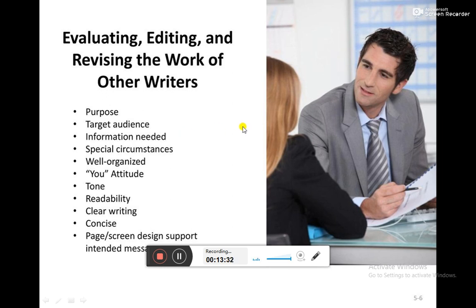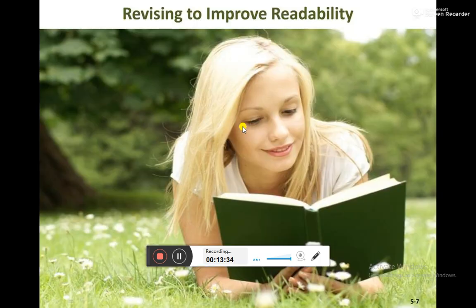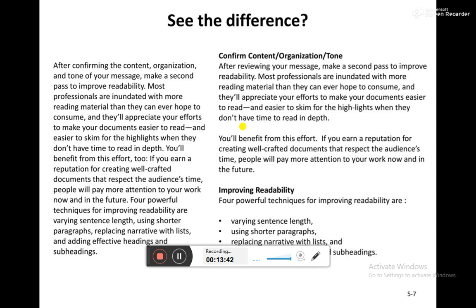Okay, so now we are moving toward another slide, and that is revising to improve readability. In this topic, you will see a slight difference here.